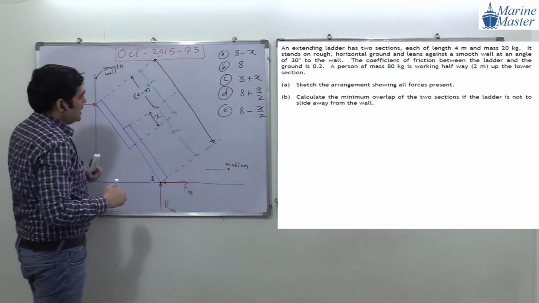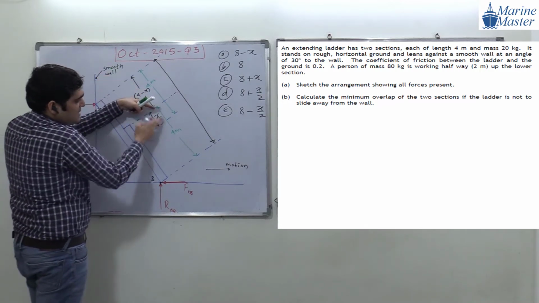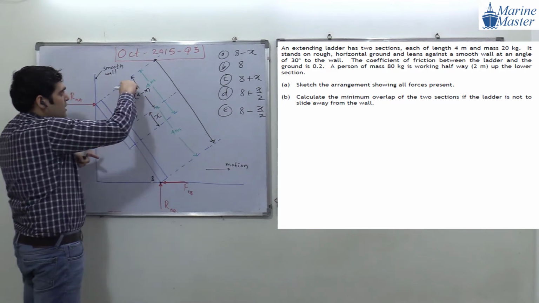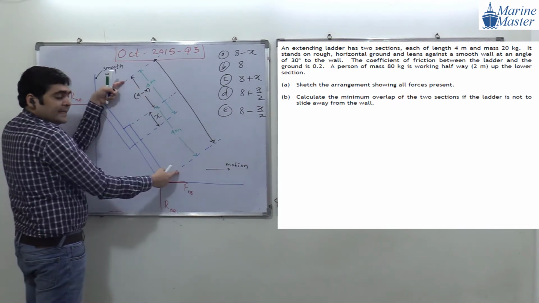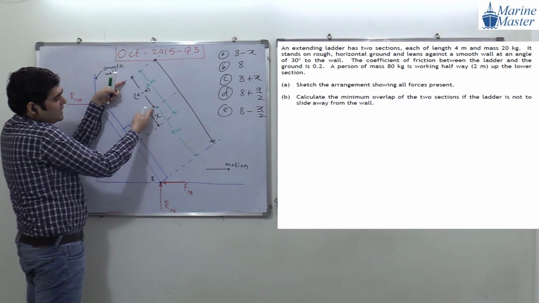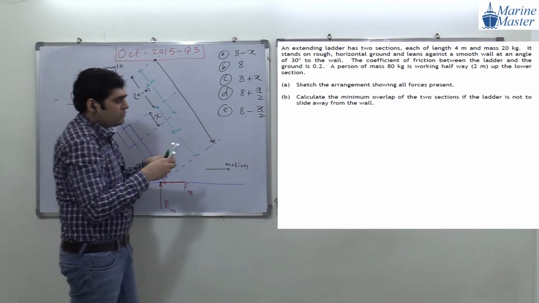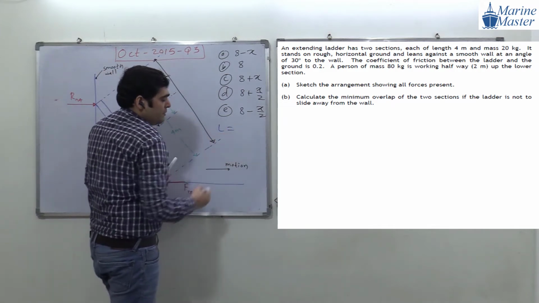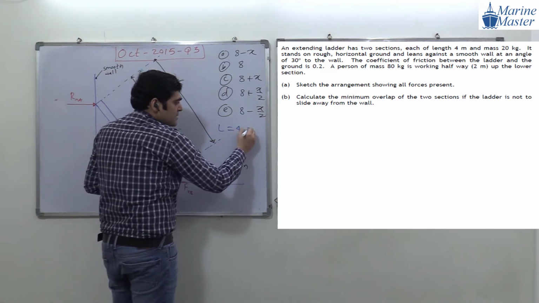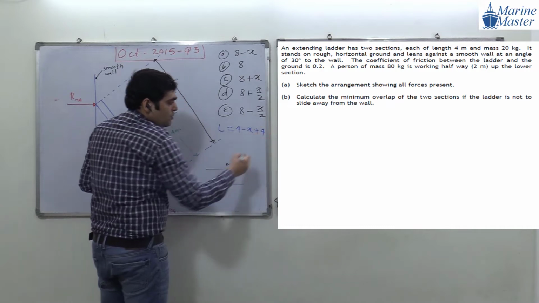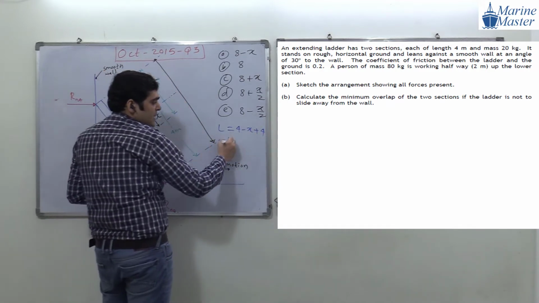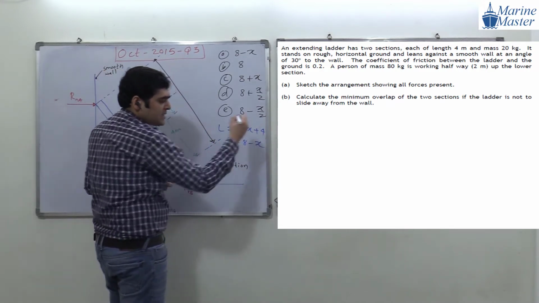Now if this is 4 minus x and this is 4, the entire length of the ladder, from here to here, will be 4 minus x plus 4. So this length will become 8 minus x.